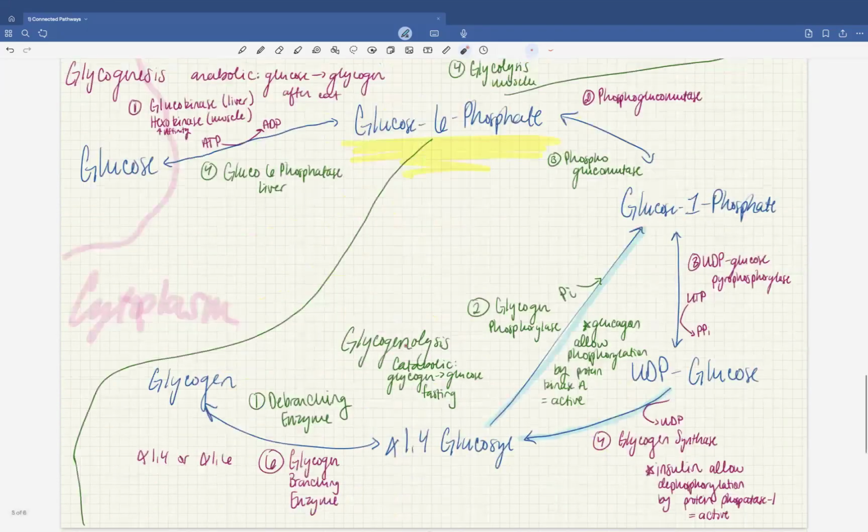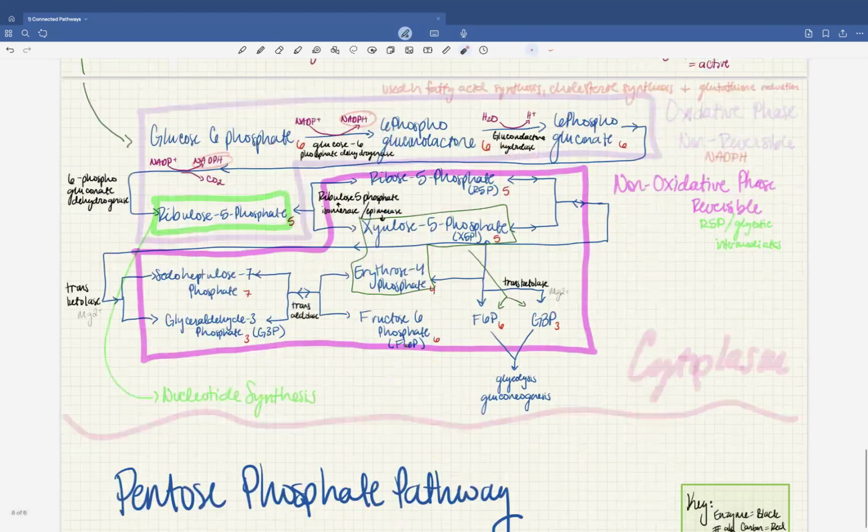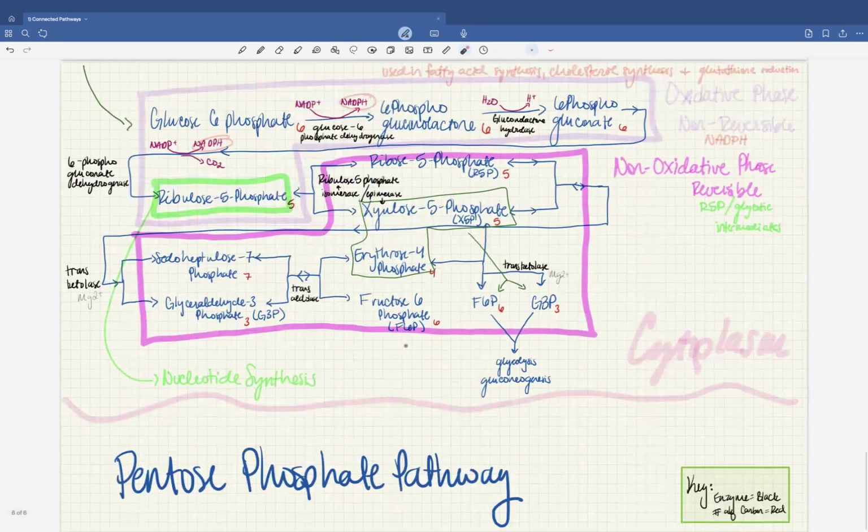So back down to the non-oxidative phase of the pentose phosphate pathway. The enzyme ribulose 5-phosphate isomerase will create ribose 5-phosphate, and ribulose 5-phosphate epimerase will create xylulose 5-phosphate. And both of these are going to remain 5-carbon molecules.